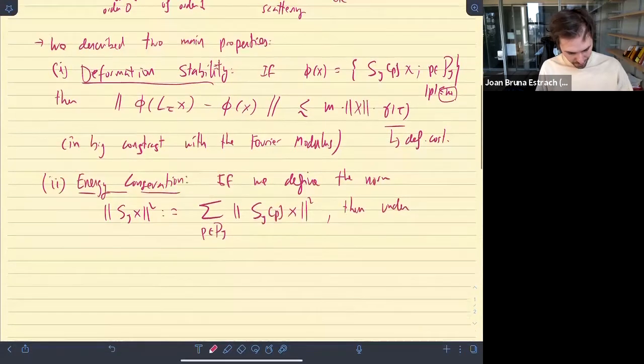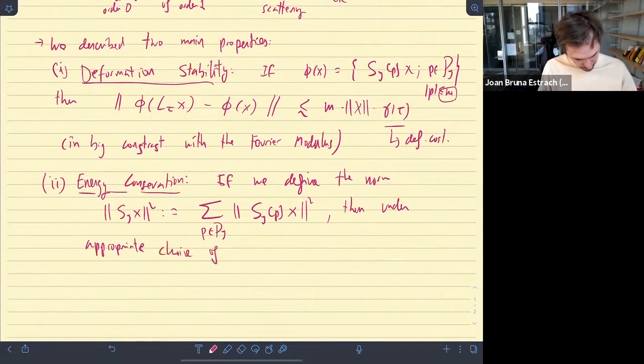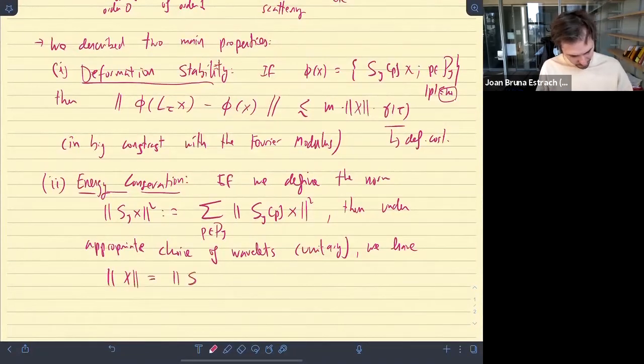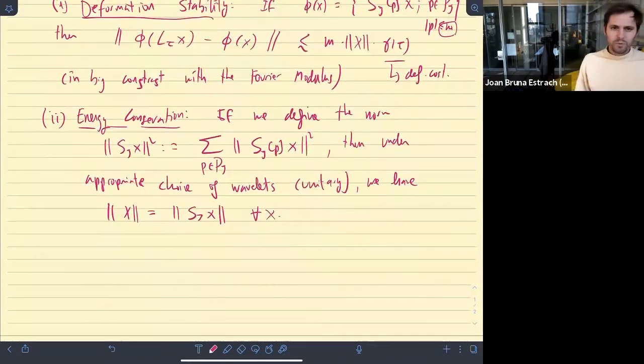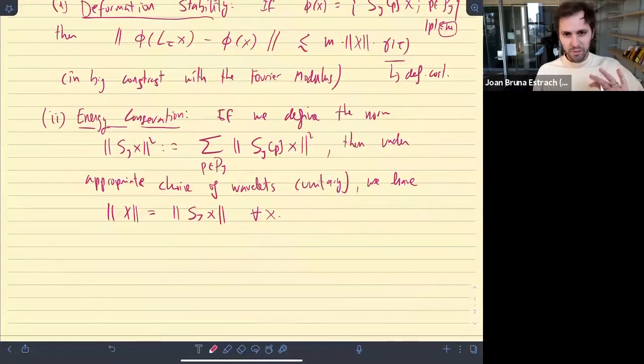Then under an appropriate choice of wavelets, they needed to be unitary, if you remember, we have that this representation preserves the norm. Okay, it's always a nice thing to have a representation that doesn't change the norm.